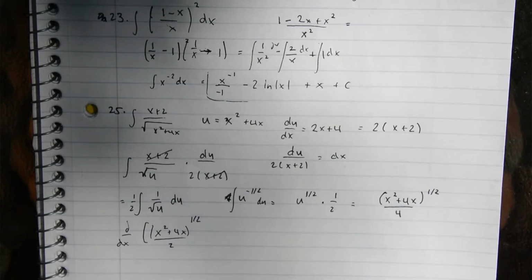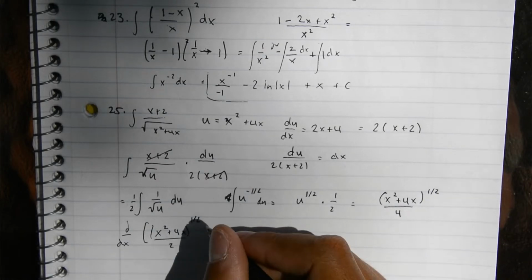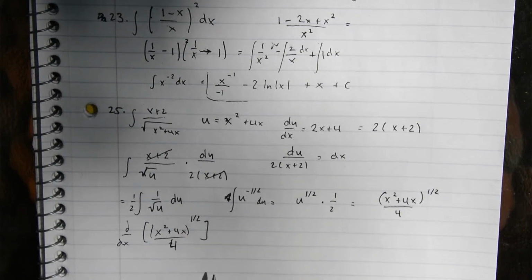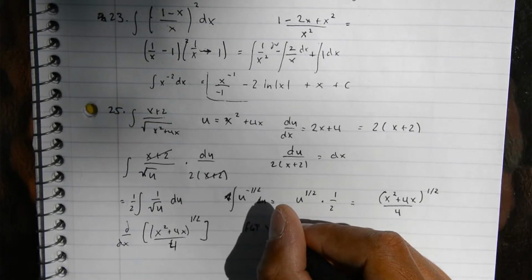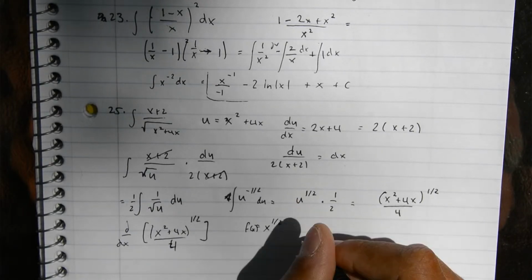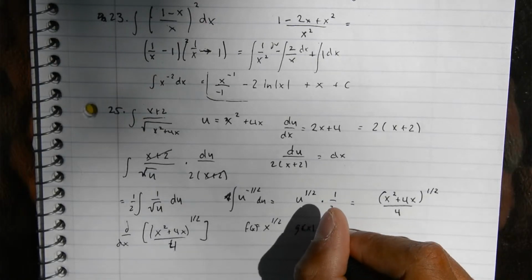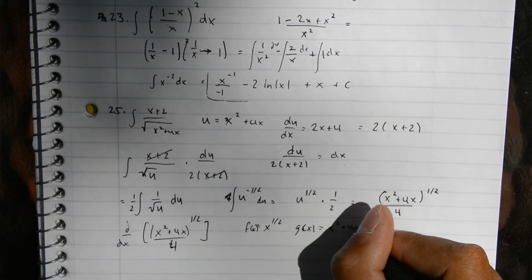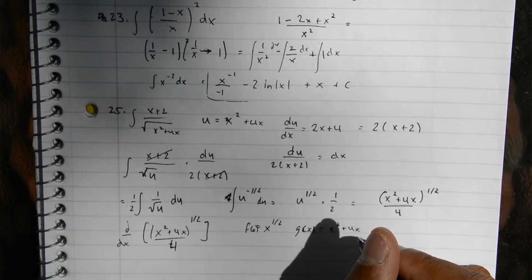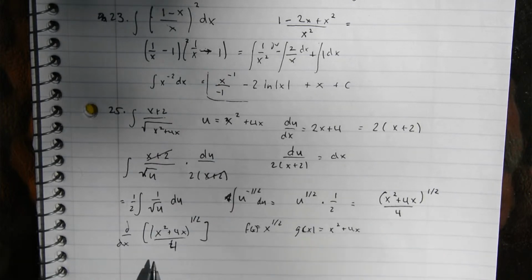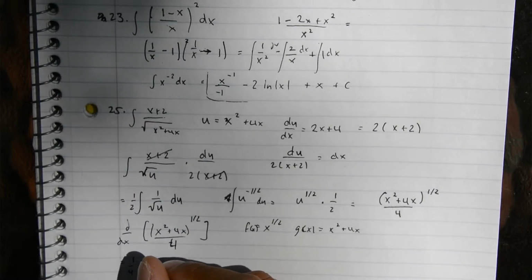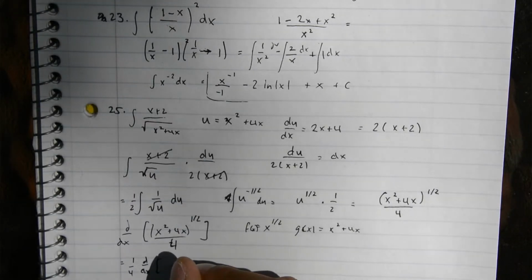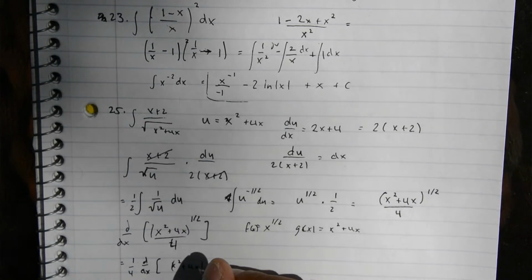All right, so what's going on here? Wait, this is a 4. All right, so this is a chain rule. f of x is equal to x to the 1/2. g of x is equal to x squared plus 4x. And I believe that we can pull this one, so this is equal to 1/4 d/dx of x squared plus 4x to the 1/2.